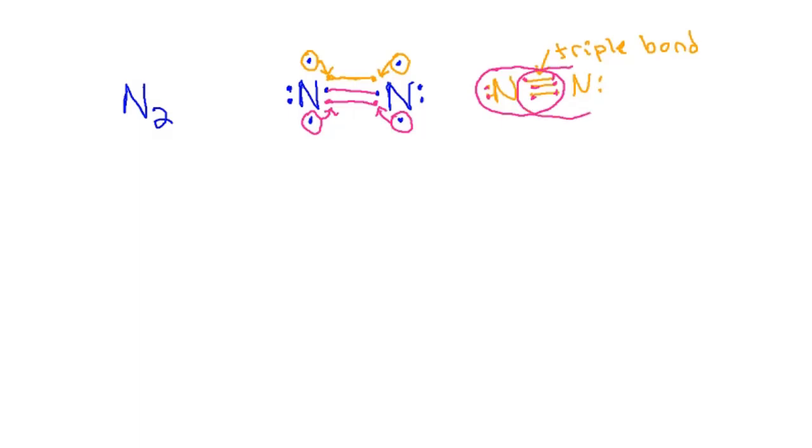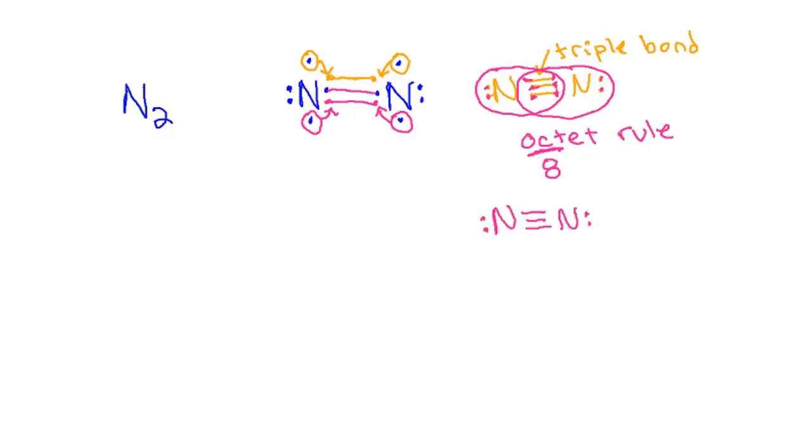And the same thing over here. 1, 2, 3, 4, 5, 6, 7, 8. So it satisfies the octet rule. Oct just means 8. Like an octopus has 8 legs. So octet rule of having 8 electrons around it. So that would be nitrogen.